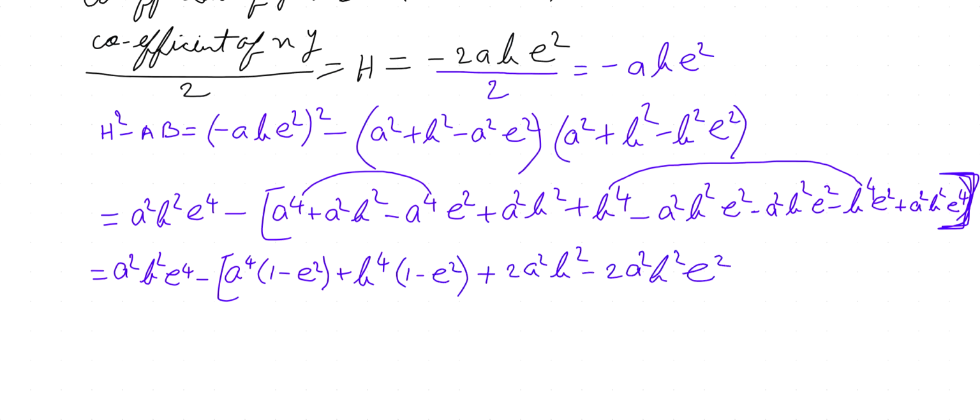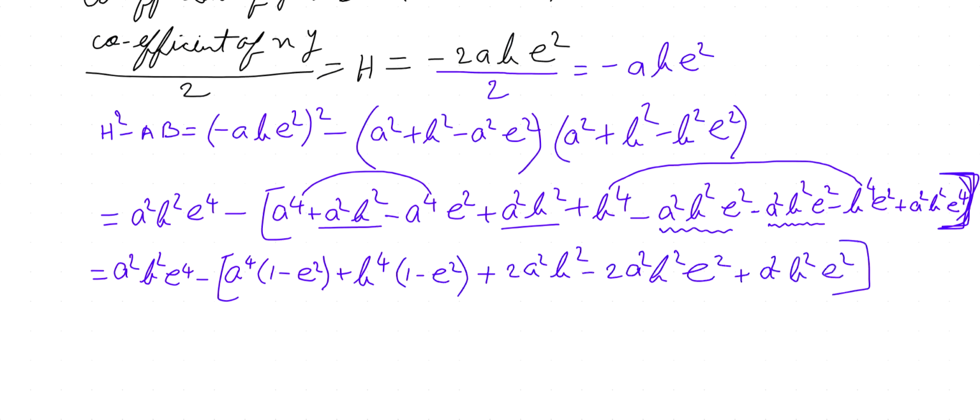See, A square B square first term here, second term here. A square B square E square first term here, second term here, right? And then plus A square B square E square.